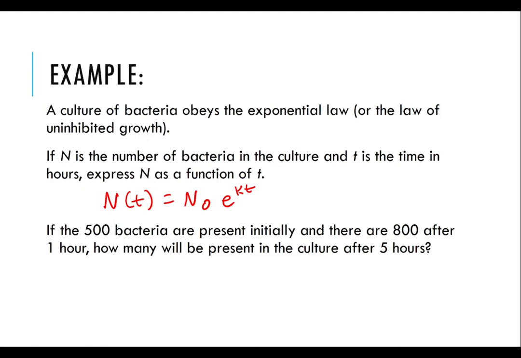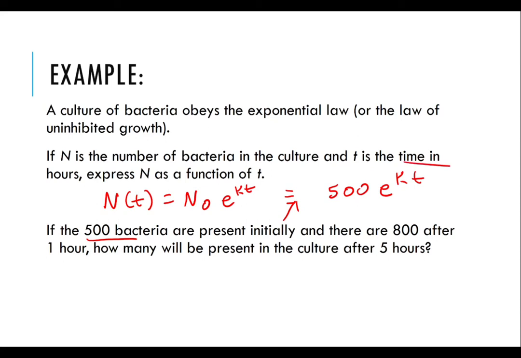Well, this is a multi-step problem. First off, what do we get? We get that if we use this information, 500 bacteria give us that this formula is really 500 times e to the kt. But there's a problem. I don't know my growth rate k. But they tell me explicitly that after 1 hour, there are 800 in the culture.